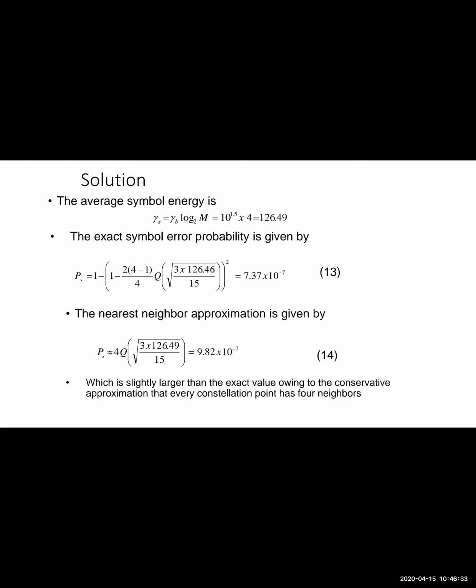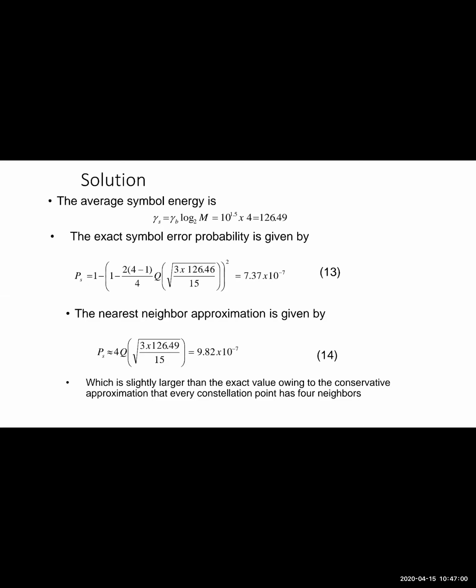Can you see that? So you see that with respect to 13 and 14, the variation is not that much. That's all that this problem wants to prove to you, that you can use the approximate, which is easier to handle, and the error will not be that much.